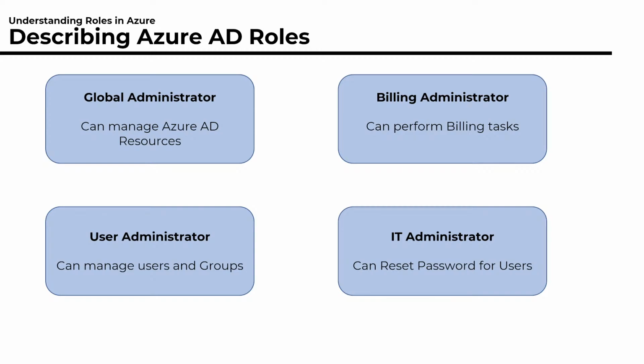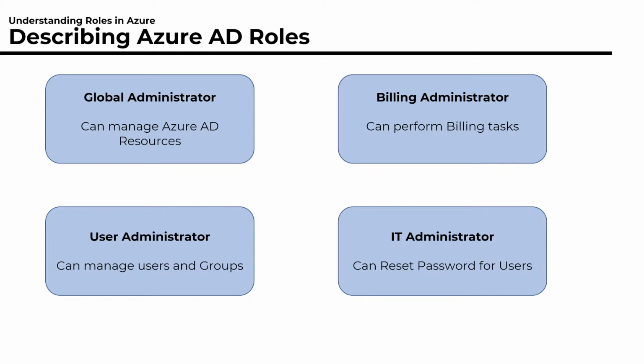So next one we have is the billing administrator. The billing administrator will have access only to the billing options. So we have the cost management and billing options, where it is analyzing the forecast and providing us the estimated amount that can be charged for that particular subscription or management group, what the current cost is, and we can create the budgets as well.